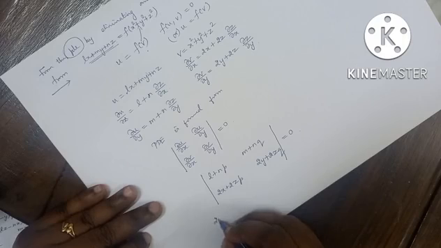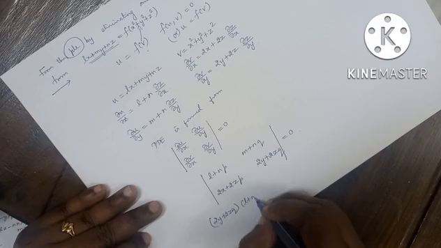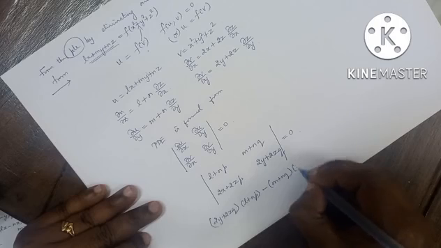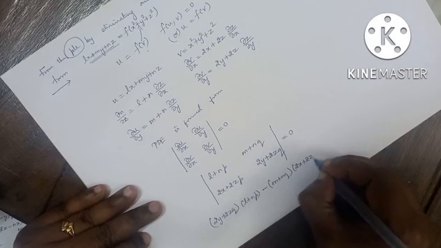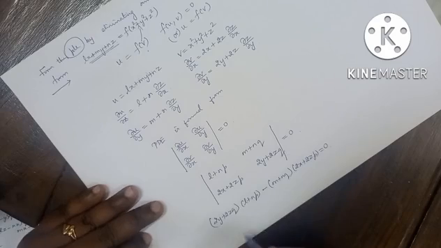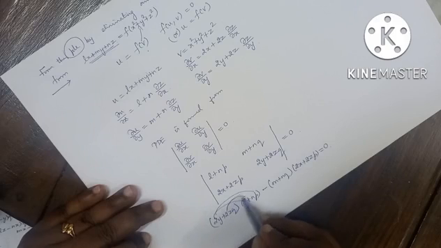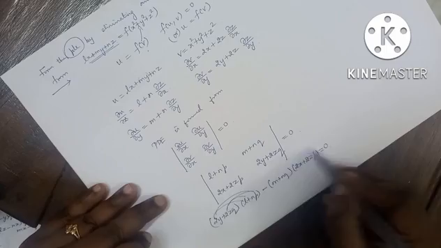Expand the determinant: (2y plus 2zq) into (l plus np) minus (m plus nq) into (2x plus 2zp) equal to 0. Let us multiply first term into first term, into second term, first term into second term, second term into second term, minus of, similarly.